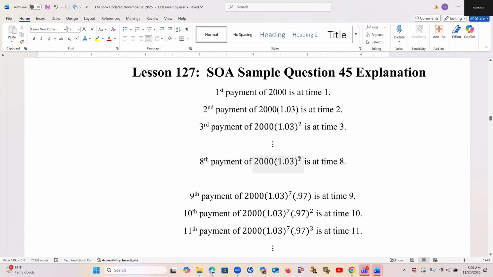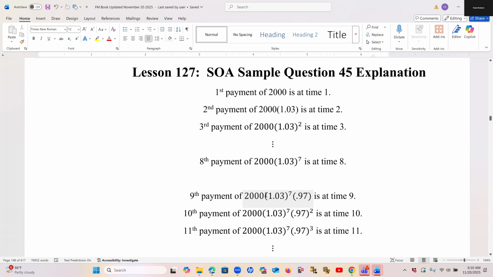And the ninth payment would be the eighth payment times 0.97, because starting from the ninth payment, you have a 3% reduction. Up to the first 8 payments, there was a 3% increase. But starting from the ninth payment, there's a 3% reduction from the previous payment. A 3% reduction means the current payment is 97% of the previous payment.